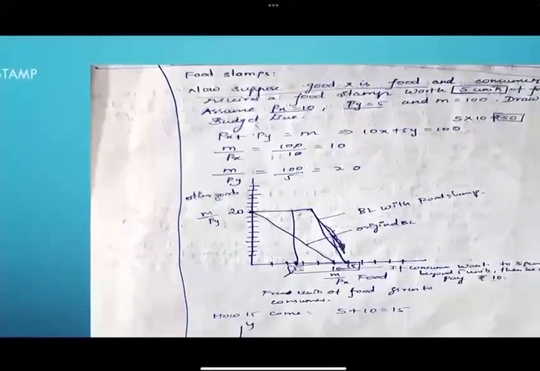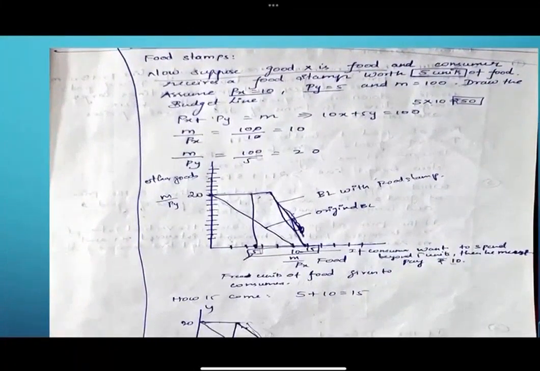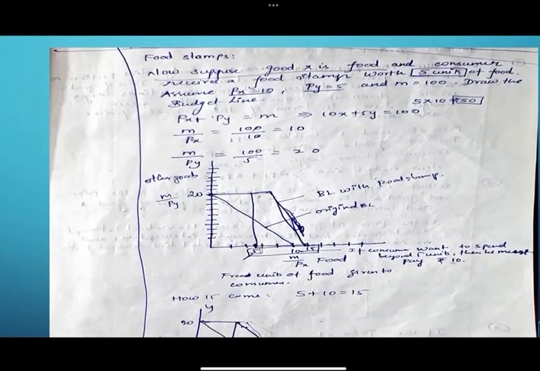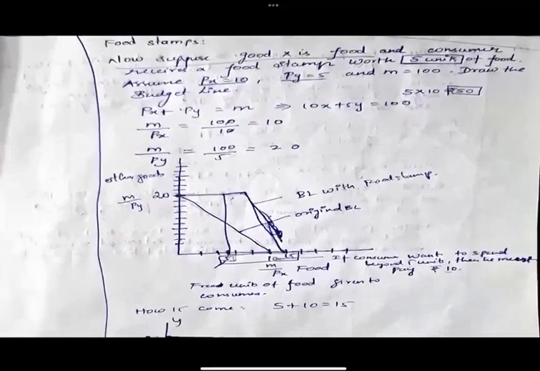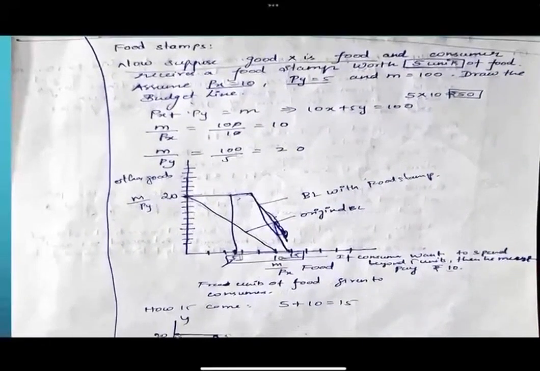The next step is, now the consumer has the ability to buy 15 units of food, because 5 units are free, given by the government, and the consumer can purchase 10 units of food with their income. So what is 5 plus 10? 15.